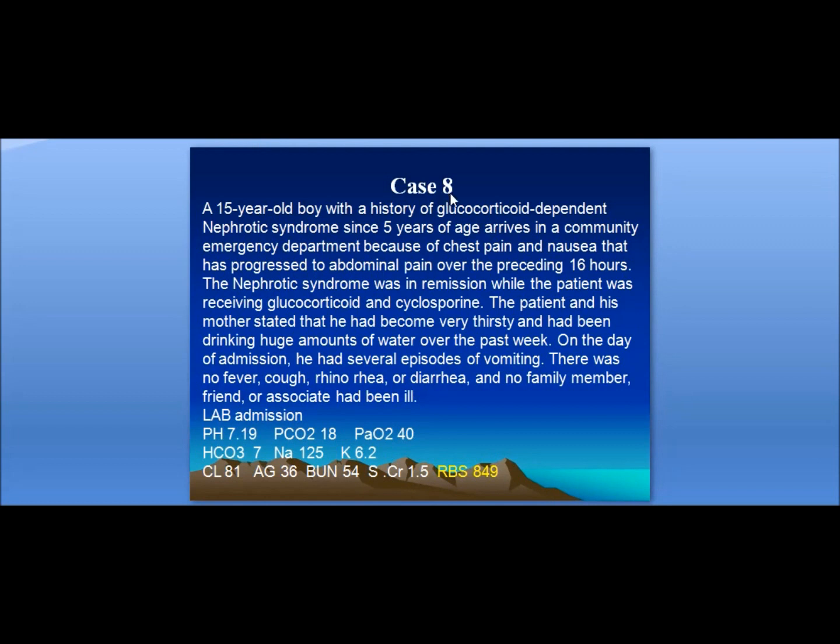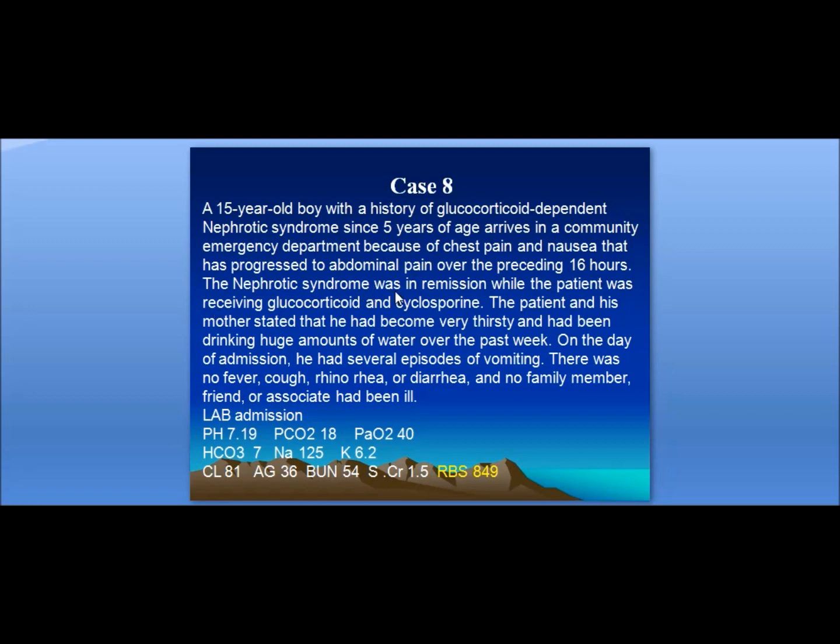Case number 8. A 15-year-old boy with a history of glucocorticoid-dependent nephrotic syndrome since 5 years of age arrives in a community emergency department because of chest pain and nausea that has progressed to abdominal pain over the preceding 16 hours.